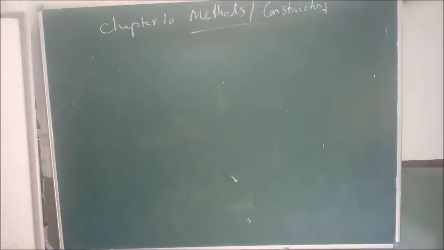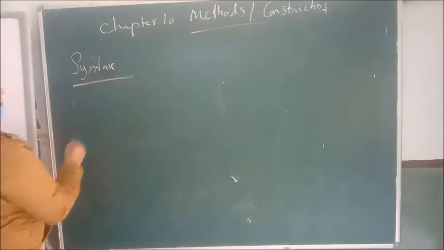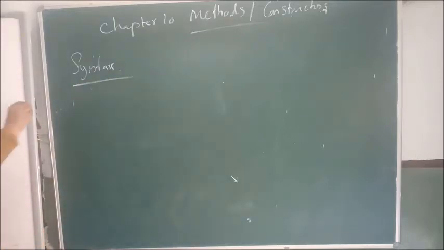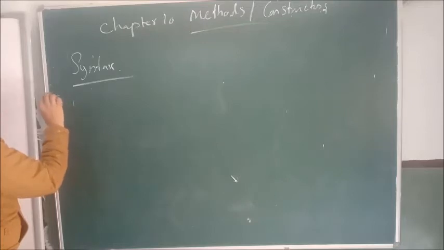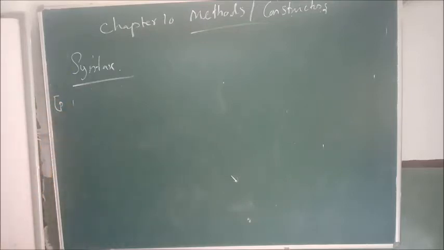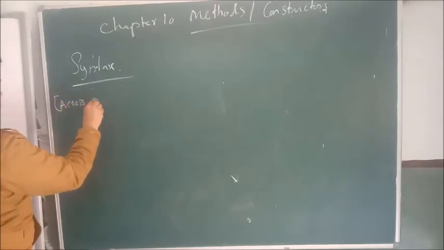In this chapter we started with telling you about the syntax of a method. How we create a method in Java programming. So we have the syntax we use. What is the first one? Access specifier. We have access specifier.